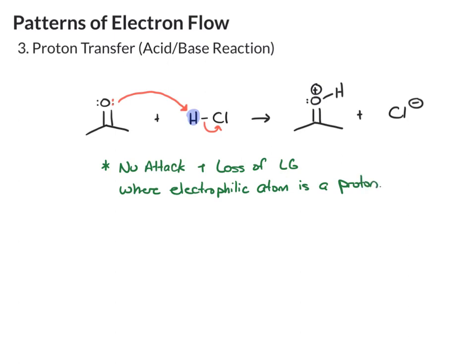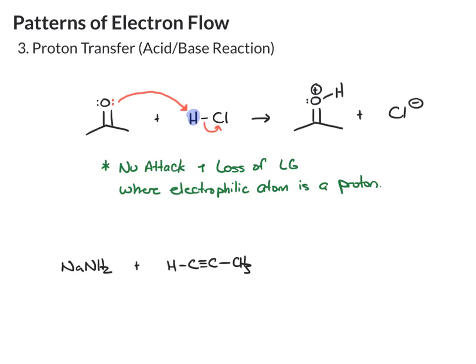So it's almost a subclass of the two that we've talked about. But if it's a proton transfer, it's very specific in that your nucleophile, or base in this case, the head of that arrow is landing on a proton as the electrophilic atom.